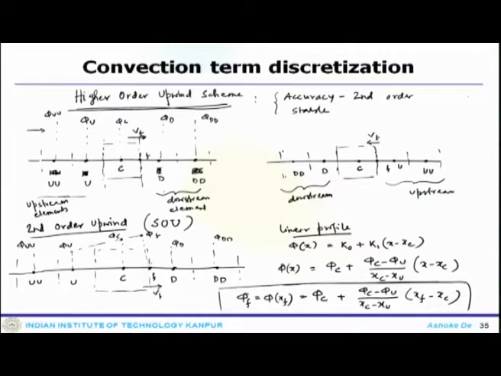If you have a uniform grid, this phi f boils down to 3 by 2 phi c minus half phi u. So, that is the special case for a uniform grid to calculate this information.